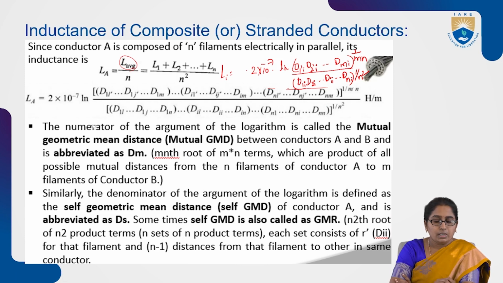Now if you see the terms here, first one is D with respect to the first element, right? So D11, D12, and so on like that, then D1j and so on, D1n, up to n.